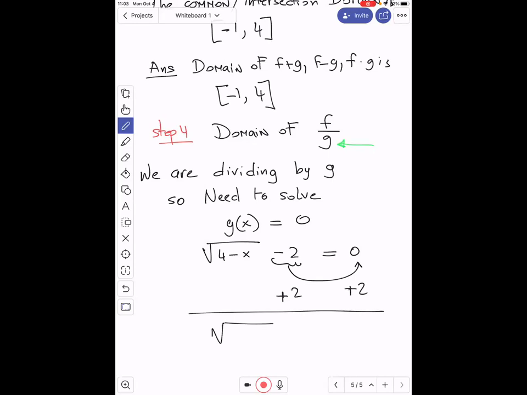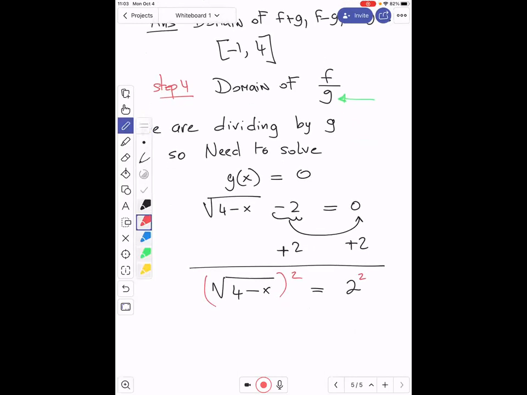So now it's just the square root of 4 minus x on the left, and 2 on the right side. Now I can get rid of the square root by squaring both sides. Now it's just 4 minus x on the left, and on the right side it's 2 squared, which is 2 times 2, so that would be 4.